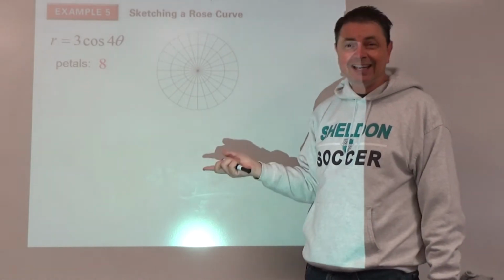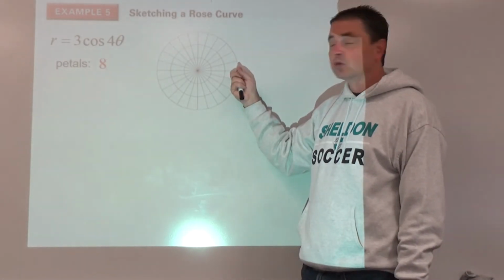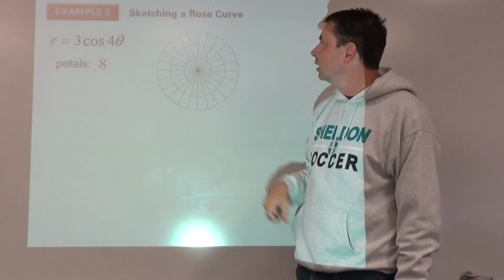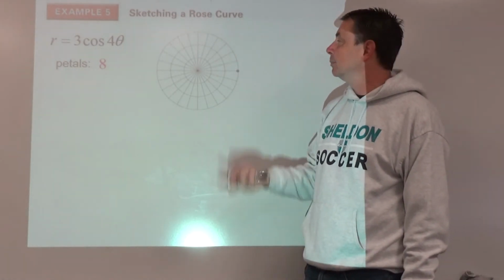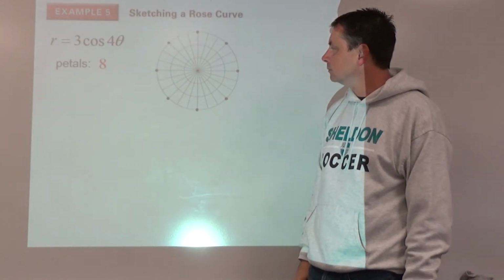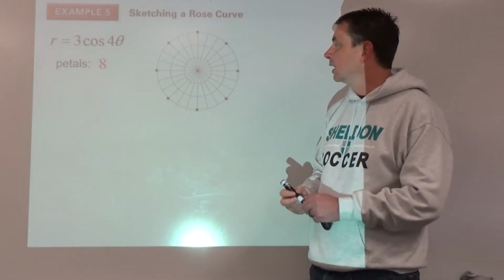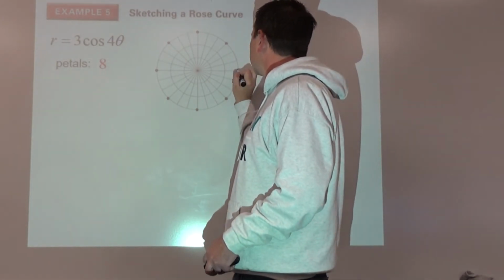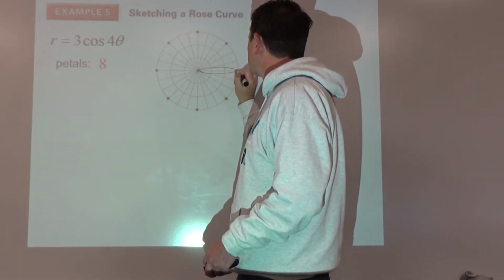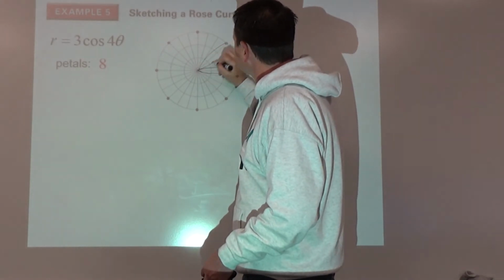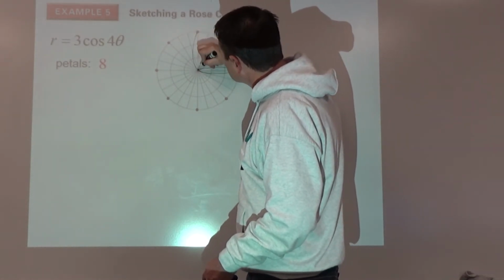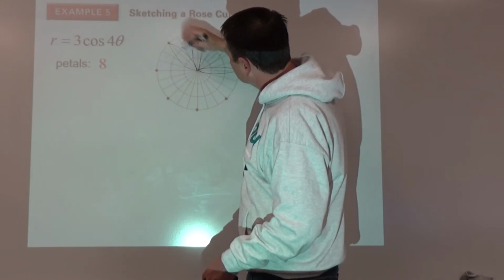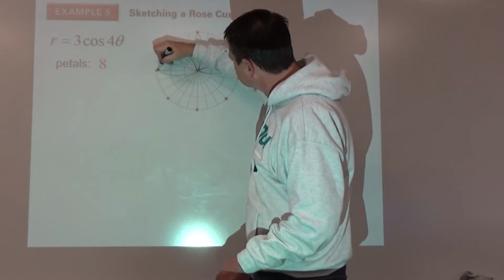And then there's going to be 8 petals equally spaced, so every pi over 4 there's going to be the tip of a petal. And they do not overlap. Overlap there, my bad.